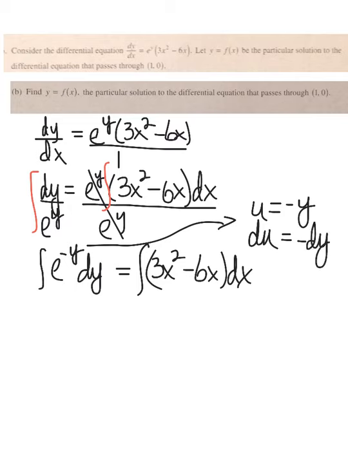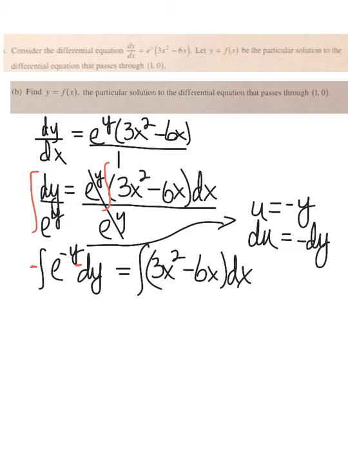And what am I going to need on the inside, and what am I going to need on the outside in terms of multiplying by? So I will need a negative on the inside, which means on the outside, I'm also going to need to multiply by a negative.